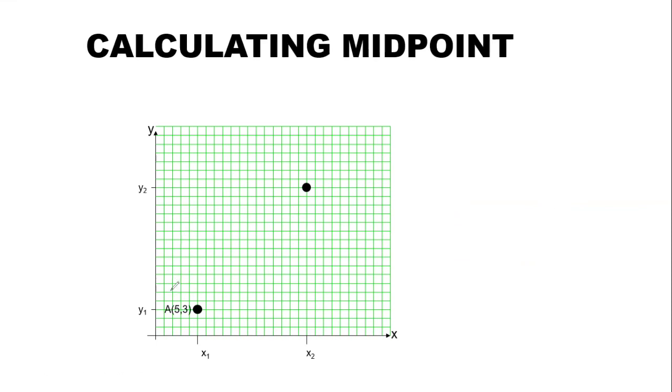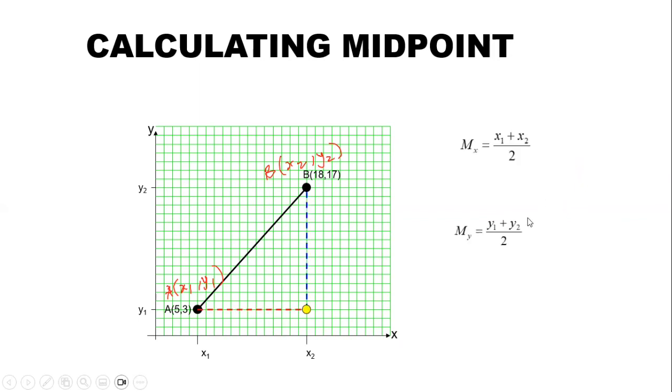In general, given the point A, x1, y1, and B, x2, y2, to find the midpoint, we find the average of the x coordinates and the average of the y coordinates. This implies that M is generally used to denote midpoint.